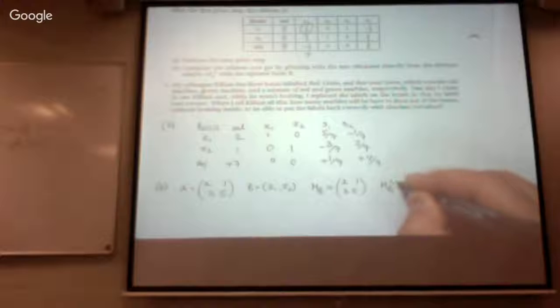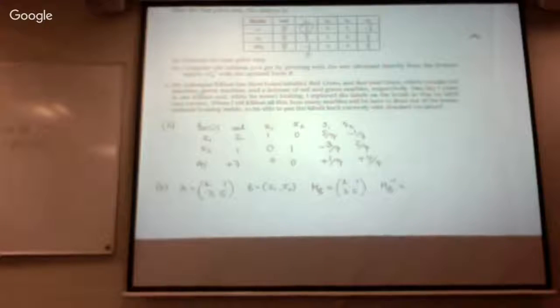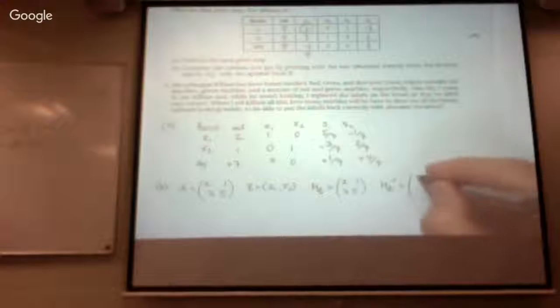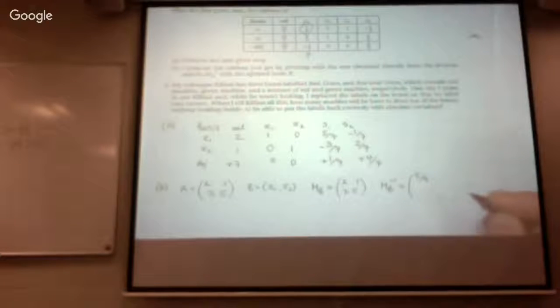And now you need to find the inverse matrix. So when you do this, either by hand, the way you learned last year, or by computer, you get, I think even calculators can now do inverse matrices, so you get 5 over 7, minus 1 over 7, minus 3 over 7, and 2 over 7.